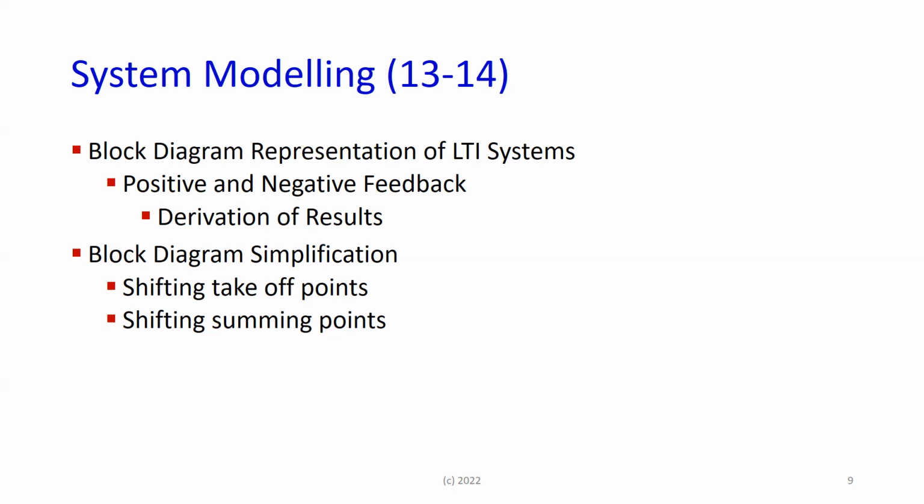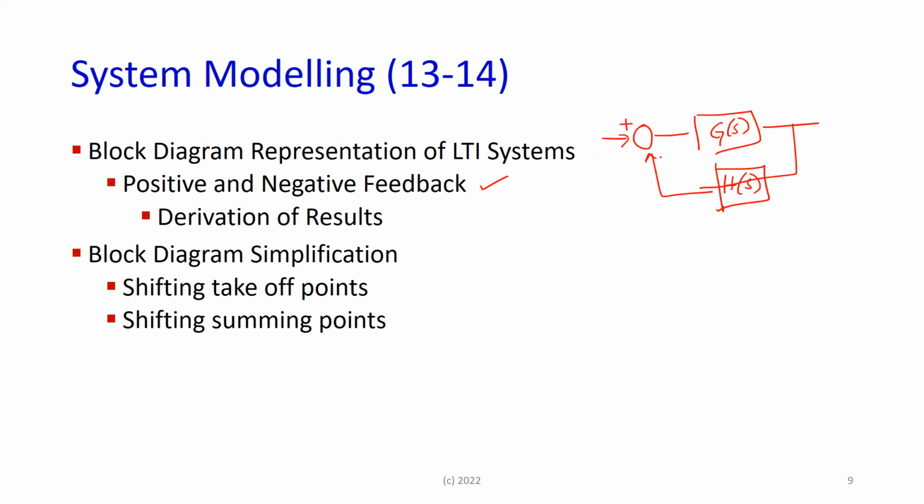We started to do that, and we introduced the concept of feedback, both positive and negative feedback. We saw that if I have a simple feedback system, the forward block has a transfer function G of s, and the feedback block has a transfer function H of s, right?